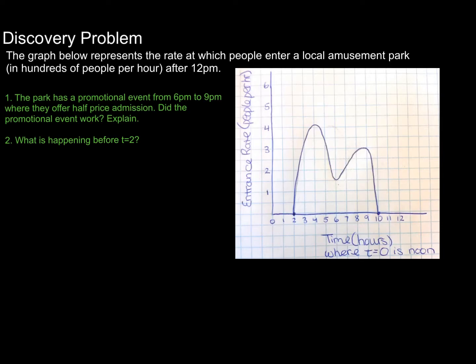And secondly, what is happening before t equals 2? Explain that in the context of the problem. So go ahead and copy the graph down, and answer both of these questions. In doing so, notice what different pieces of the graph you used and what they meant.